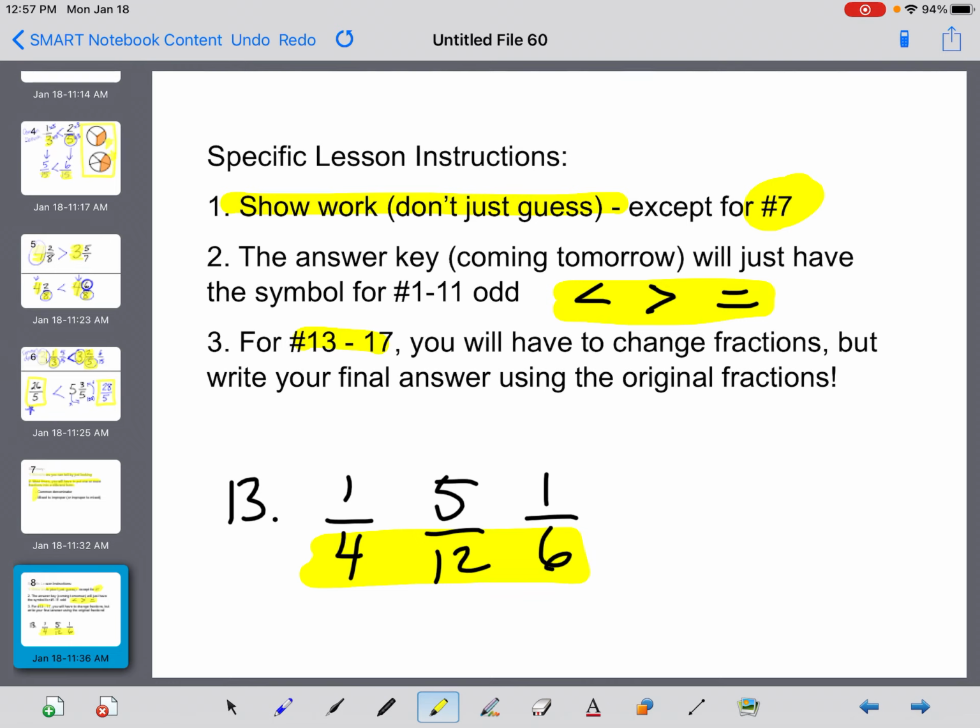But write your final answer using the original fractions, because that's what I'm going to be putting in the answer key. Just because some people might have a different common denominator than other people, I'm going to be putting the original fractions in the answer key. So even though you're going to have to do fraction changes, make sure your final answer, where you put them in order, is using the original fractions. So hopefully that makes sense. If you have any questions, let me know.